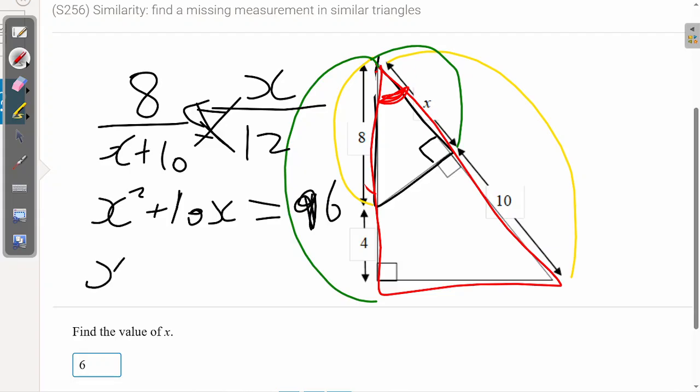Move it to the other side, x squared plus 10x minus 96 equals to 0. You have a quadratic, so you use the calculator. You get two values, 6 and negative 16. It obviously can't be negative 16 because a length can't be negative, so you choose 6.